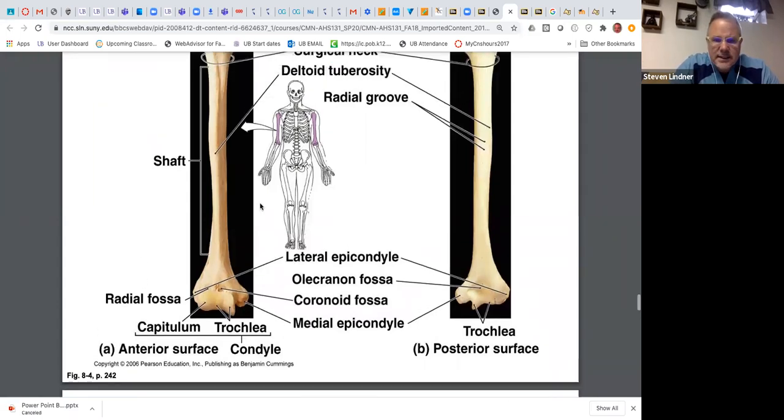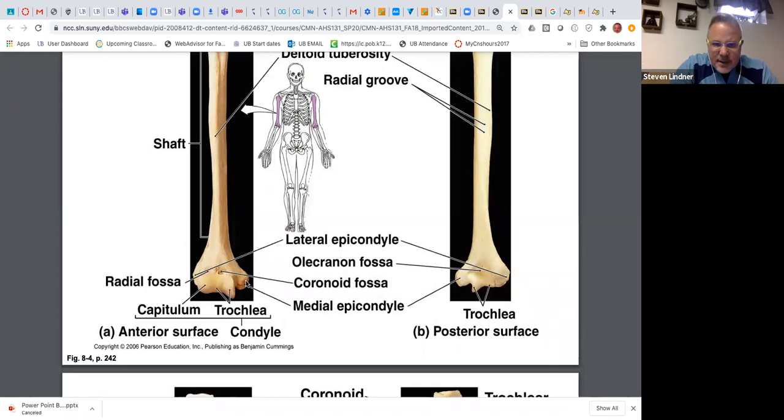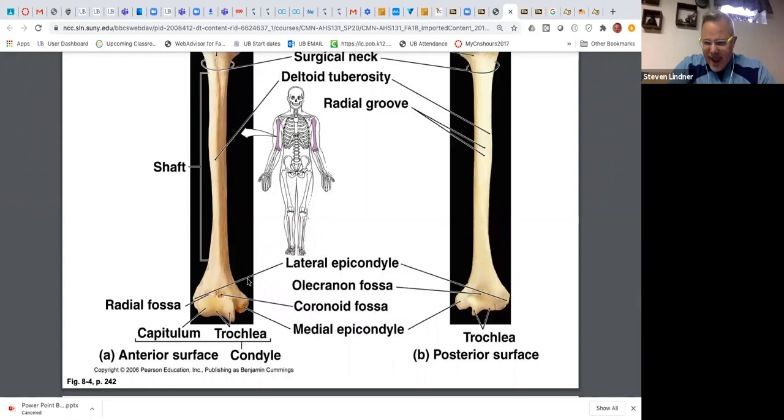Okay, so let's be able to identify the medial epicondyle versus the lateral epicondyle. What's the significance of that? If you put your left hand along the medial epicondyle of your right arm, place your fingers here, then squeeze your fingers a few times and bend your wrist, you'll see that right here the muscles contract along the medial epicondyle.